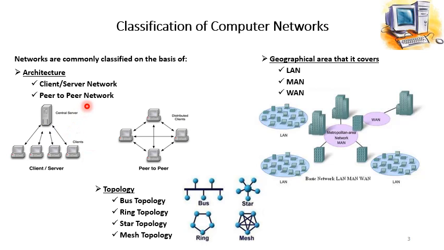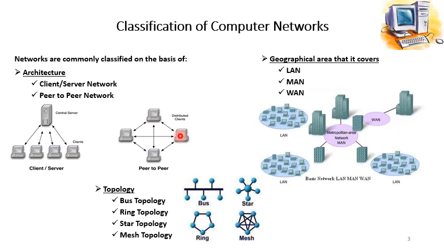On the other hand, in a peer-to-peer network, all the computers act as a server as well as a client, because all the computers lie on the same hierarchy. They can communicate with each other directly without having any central device. That's why they are called peer to peer.